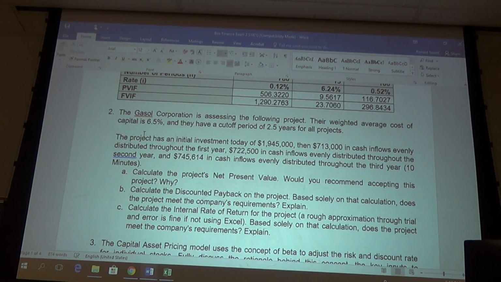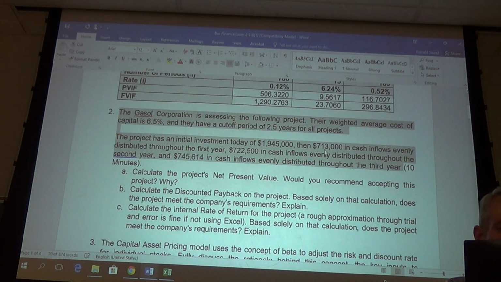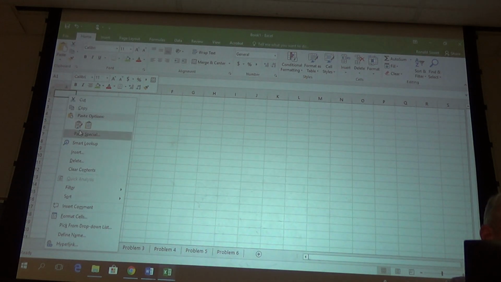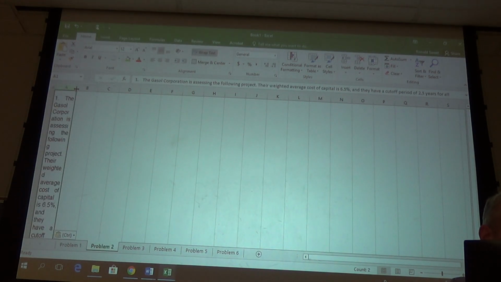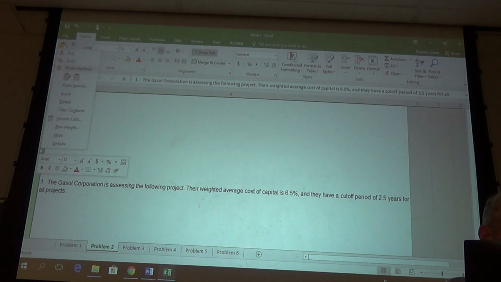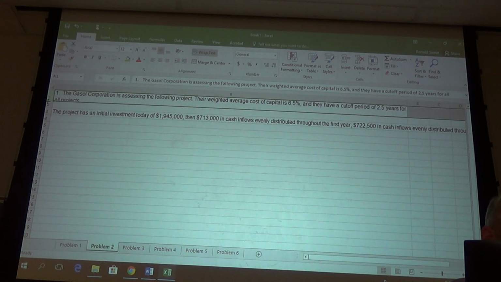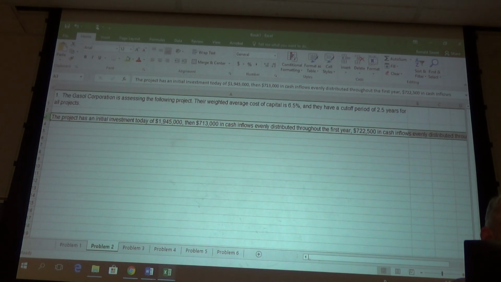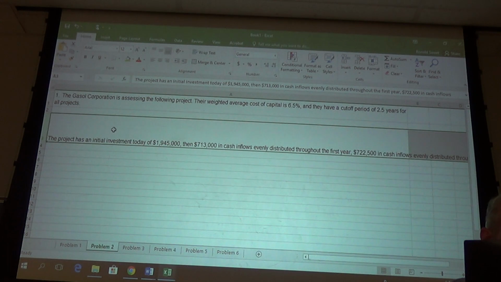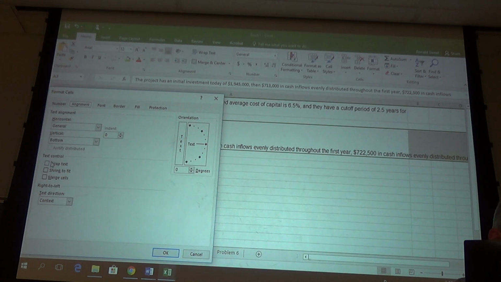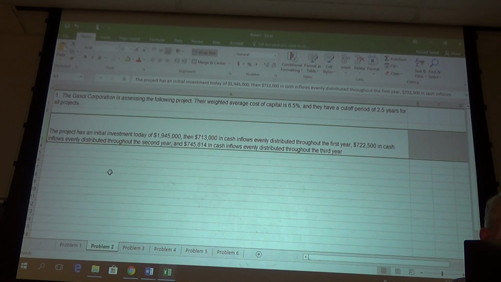All right, this corporation is doing a cost benefit analysis. We'll bring in the data. On the exam, you don't need to paste them in like this. And so, because you'll have it in writing right next to you, it'll make it a lot easier.